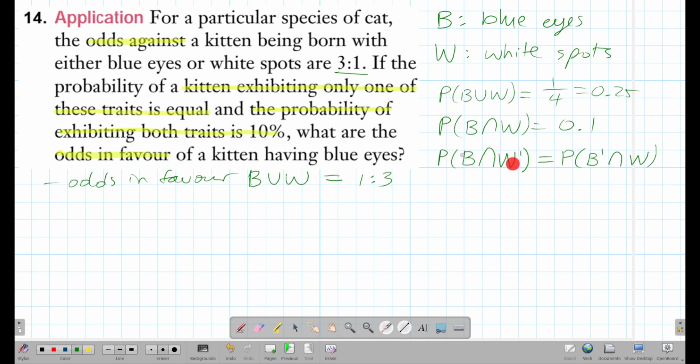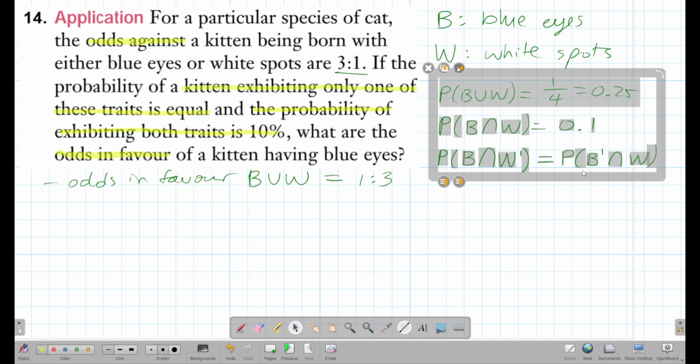That's one of the traits, like just blue eyes but not white spots, and then this is the other one of those traits, just white spots, not blue eyes, and they are equal.